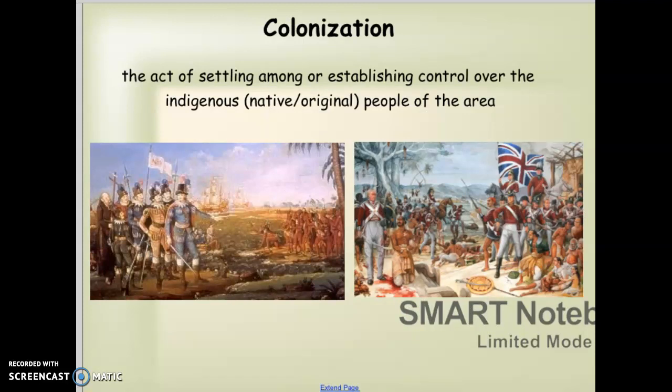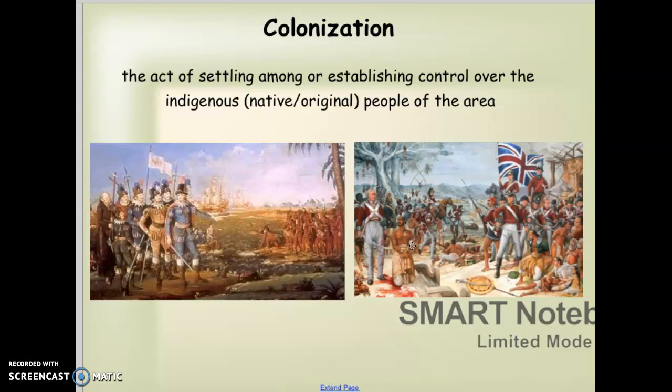Colonization. Colonization is the act of settling among or establishing control over the indigenous, native, or original people of that area. So when the British and the Dutch came, they had to either live among them, or take control over the people who already lived there.